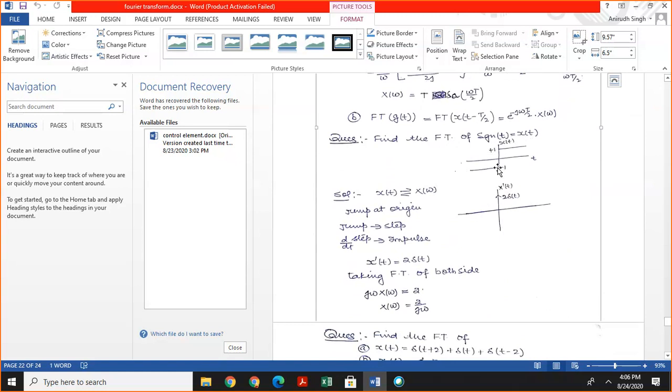Jump means a unit step function, and differentiating a unit step function, we get a delta function. And the weight of this delta function is 2.